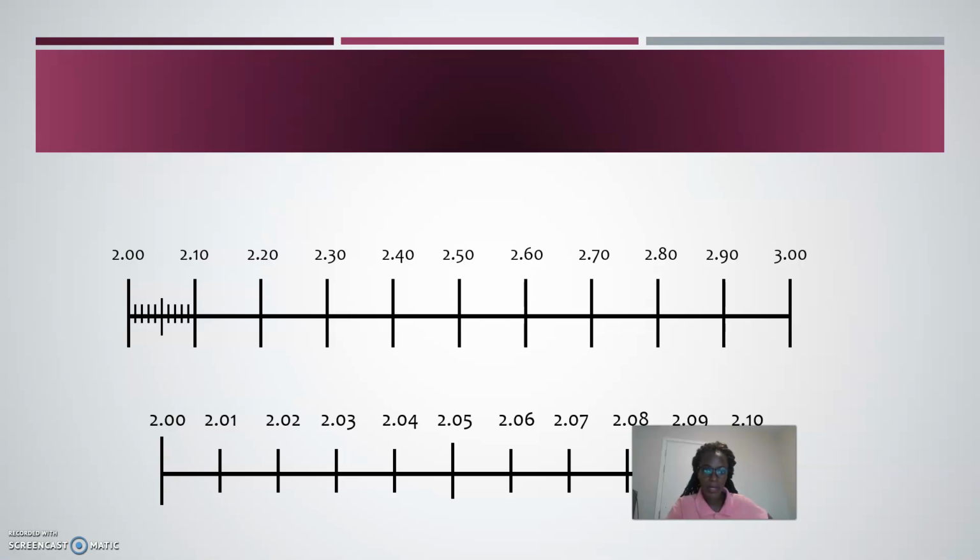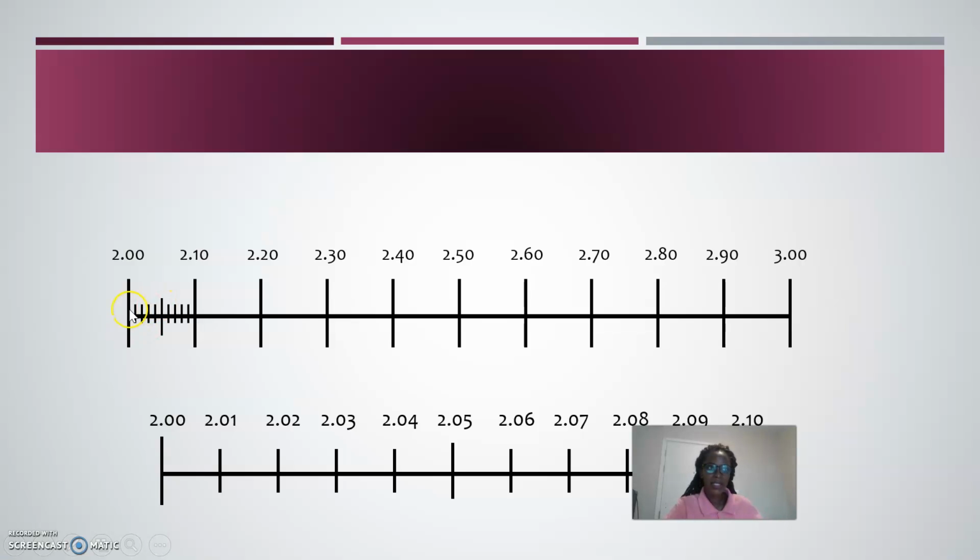And if you further want to go down and see how to deal with 2.01, 2.01 is here. There's 2 and then there's 2.1. There's 2.01, 2.02, 2.03, 2.04, 2.05, and then 2.06, 2.07, 2.08, 2.09, and then 2.1.